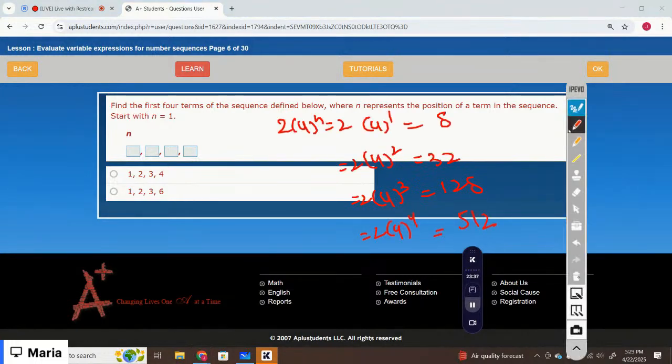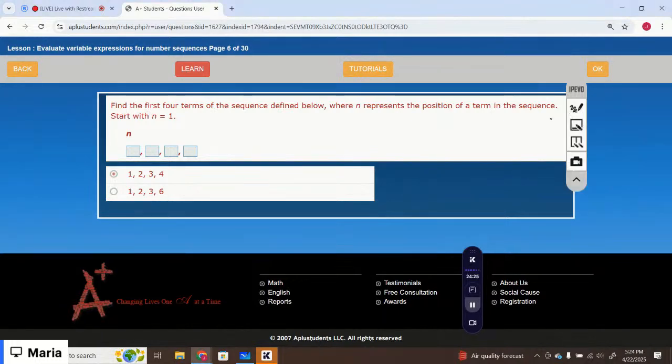Start with n equals 1. Option number 1 is the correct option. That is 1, 2, 3, 4.